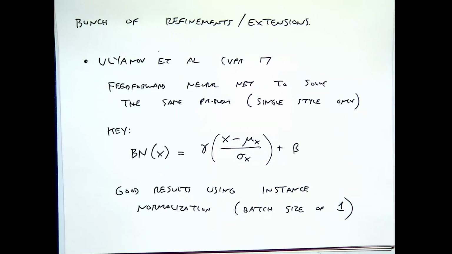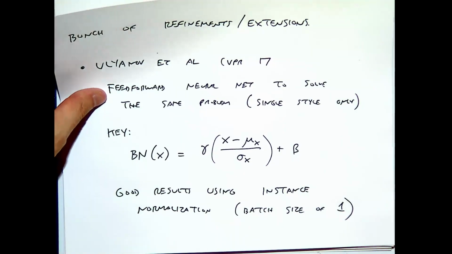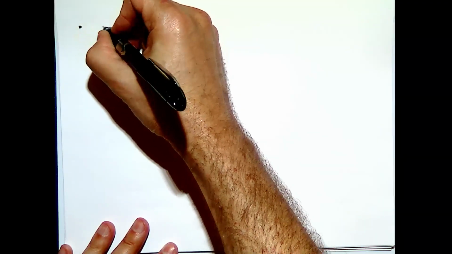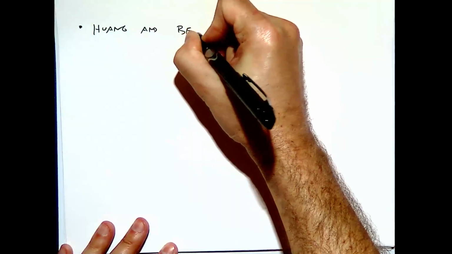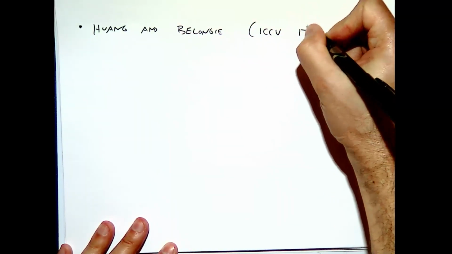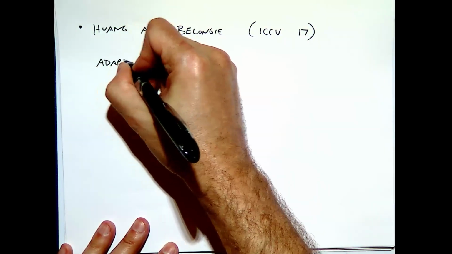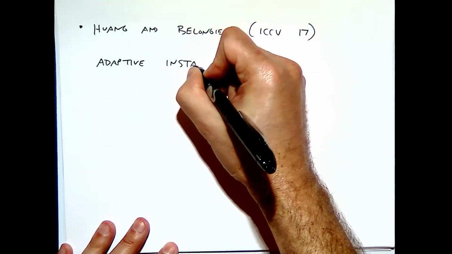And then there was a further one that I think we talked about in StyleGAN back in the day, but there was another paper, this was in ICCV 2017 by Huang and Belongie, where the innovation was to use yet a different kind of normalization called adaptive instance normalization.